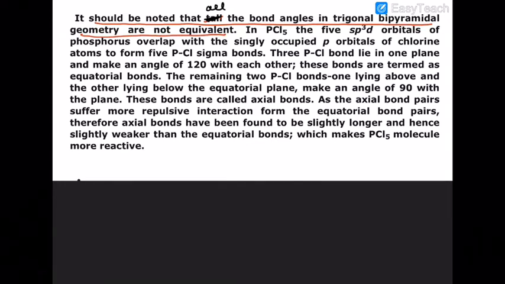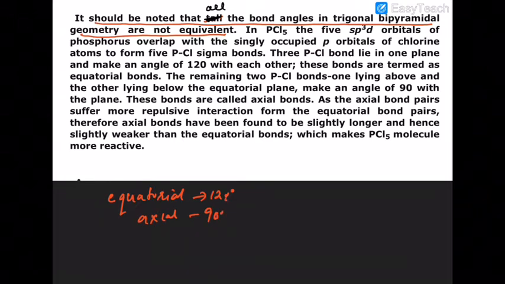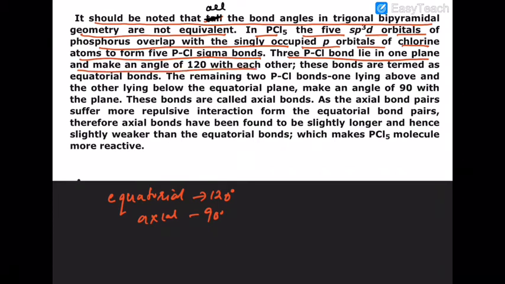The equatorial bond angles are 120 and axials are 90 degree. In PCl5, the 5 sp3d orbitals of phosphorus add up with the p orbital of chlorine to give you 5 PCl sigma bonds. 3 PCl bonds lie in one plane and make an angle of 120.